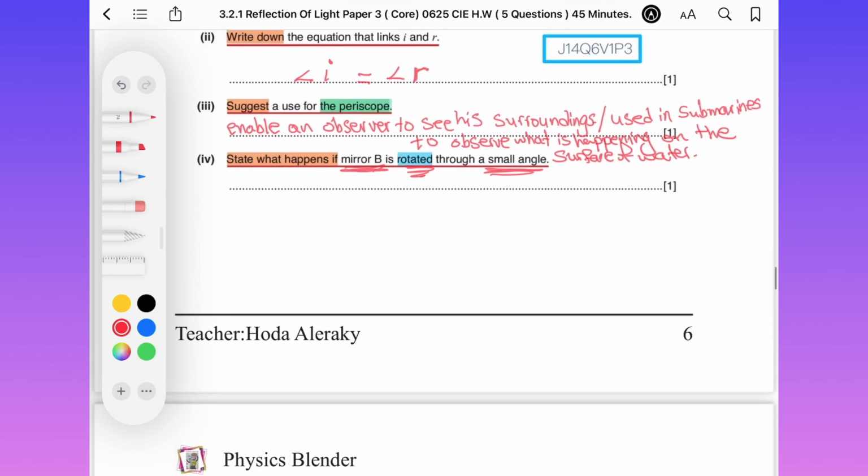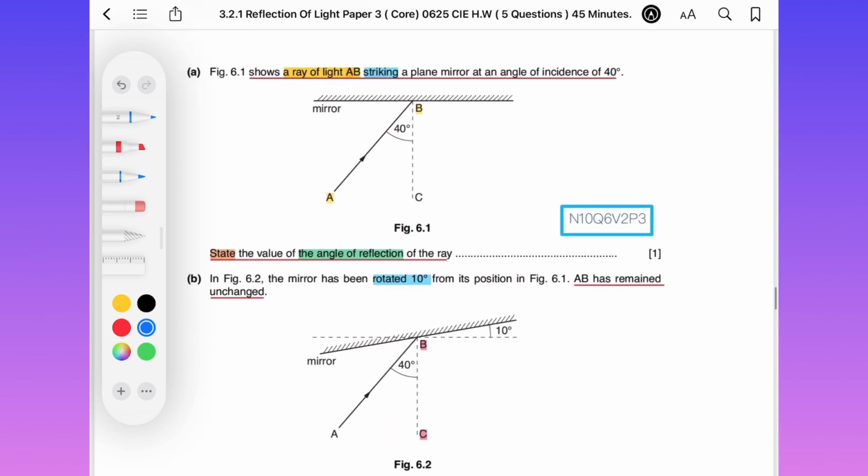So here what happens if mirror B is rotated, the observer will not see the image. Okay guys, let's move to question 5.